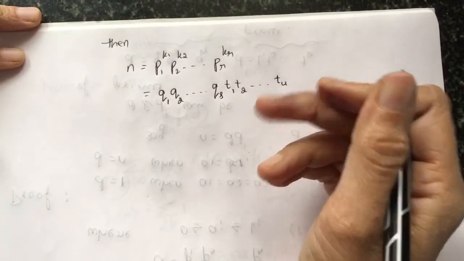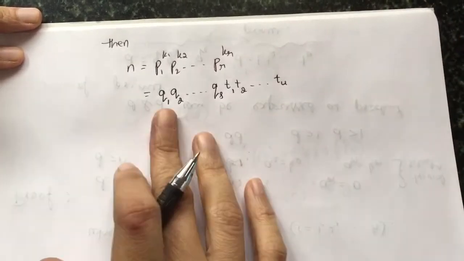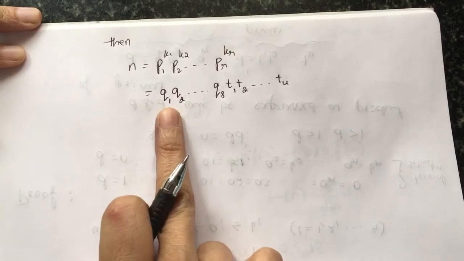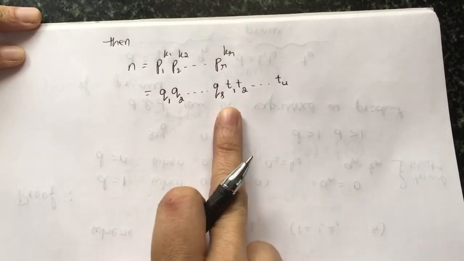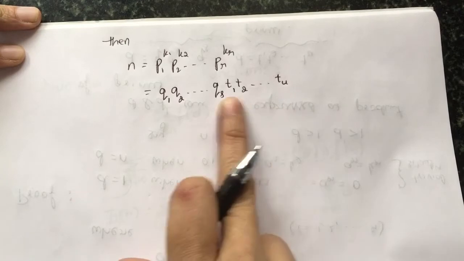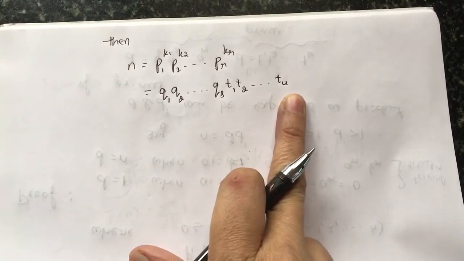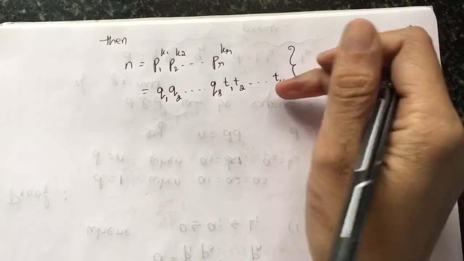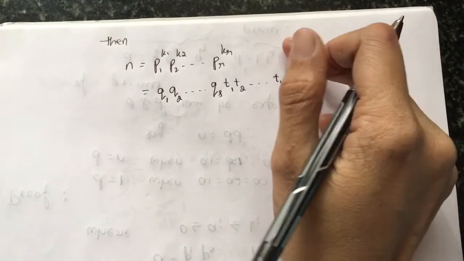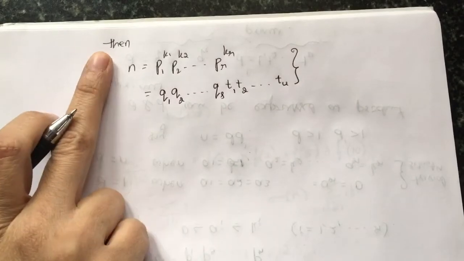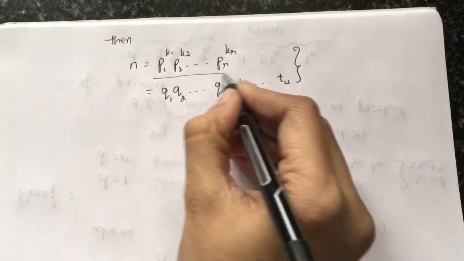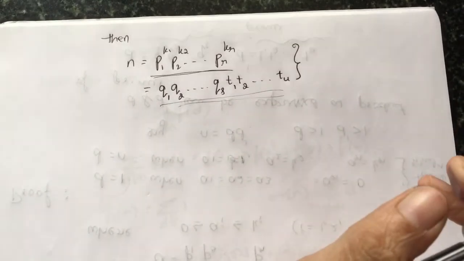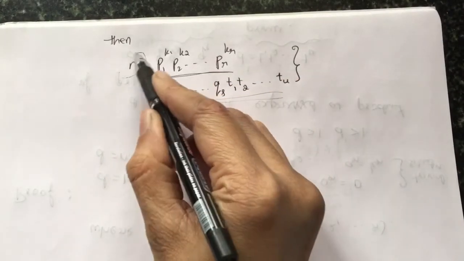Because I have written n as d into d prime. Now these are two ways of writing the prime factorization of n, one type of prime factorization and another type of prime factorization of the same number.